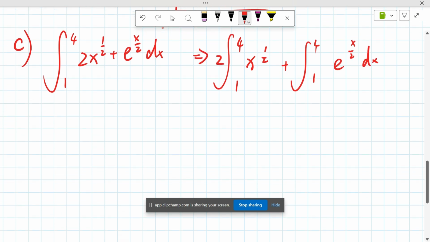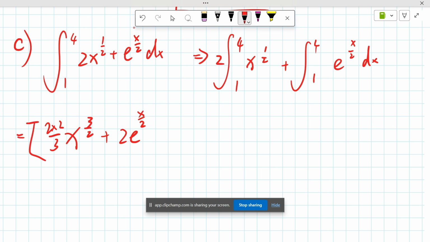Alright, then what we do is x to the 3 over 2 because it's plus 1, and also 4 over 3 because of the times 2. If I rewrite, we can say 2 times 2 over 3, and then plus 2 times e to the half x, from 1 to 4.